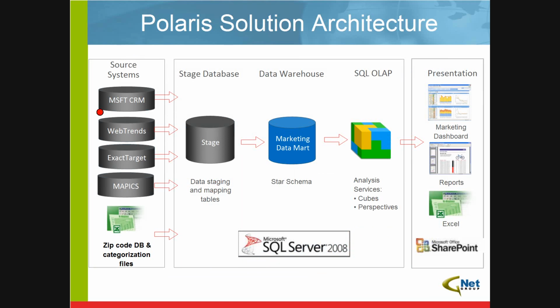We had all these source systems. And if you remember from one of the prior slides, you have the internal systems like Microsoft CRM and Mapix. You had external systems like WebTrends and ExactTarget.